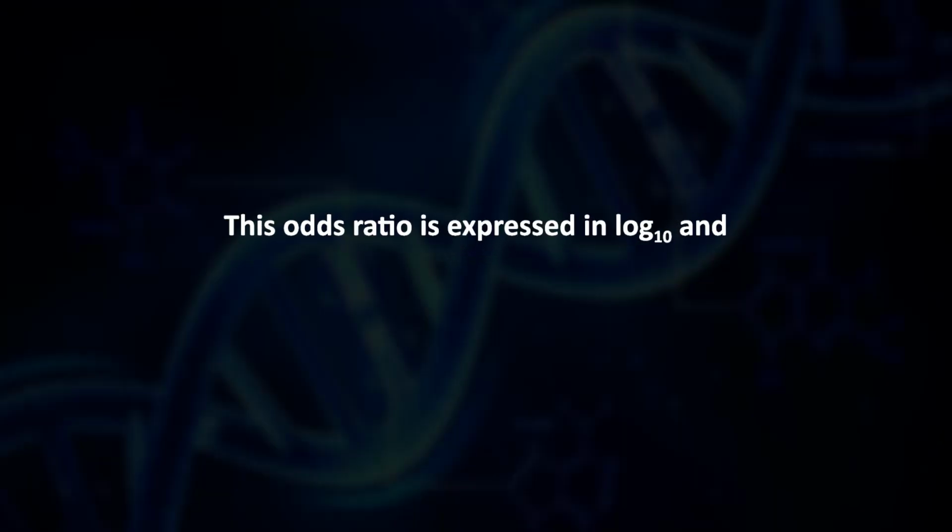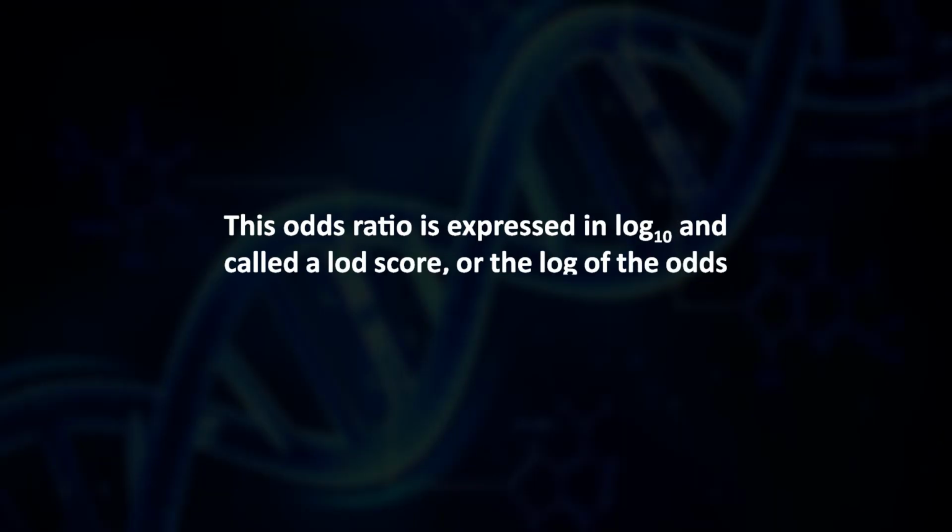This odds ratio is expressed in log 10 and called a LOD score, or the log of the odds of the likelihood ratio. The marker loci with the highest LOD scores are more likely to contain a segment segregating with disease. LOD scores are additive across families at each locus.